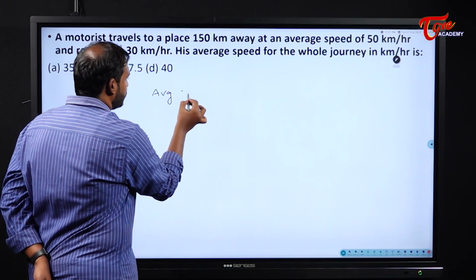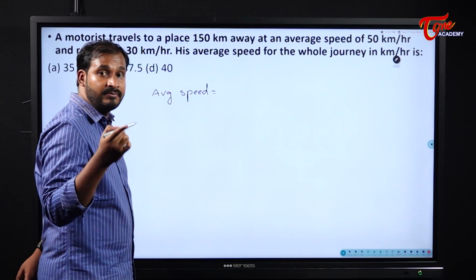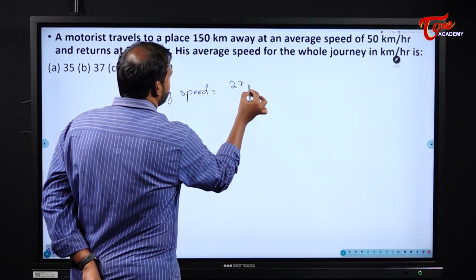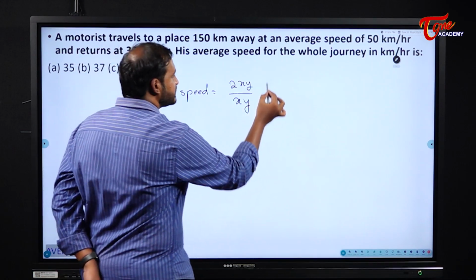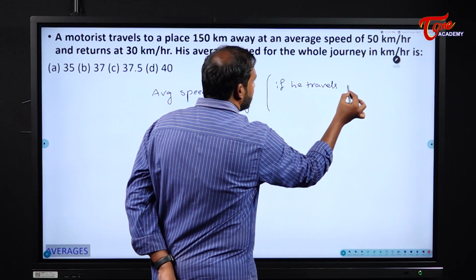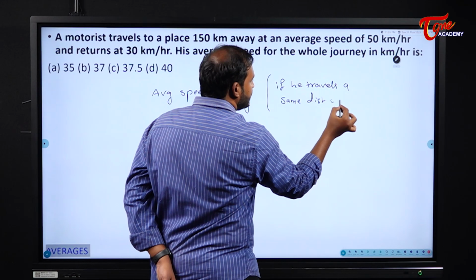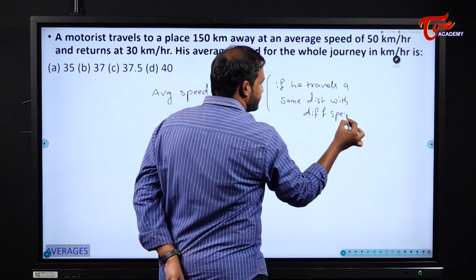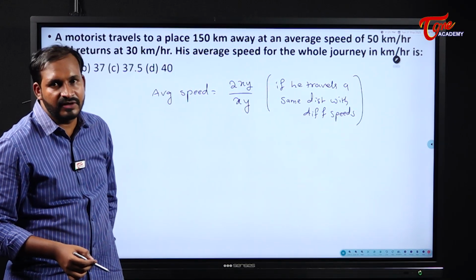Average speed, if the person travels the same distance and returns, the average speed formula is 2xy by x plus y. This is if he travels the same distance with different speeds, with x and y speeds. Then this is the formula. But this is not the actual formula for average speed.